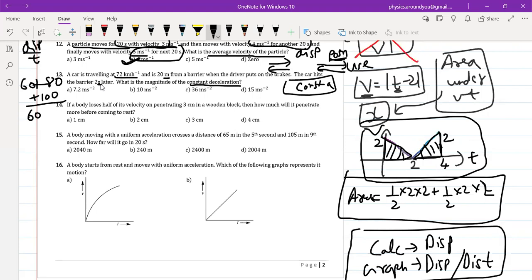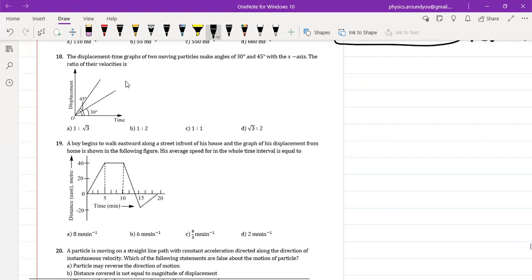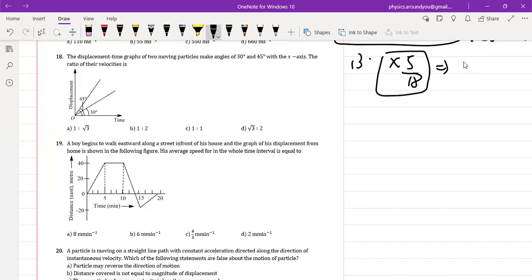Now, how to convert kilometer per hour to meter per second? Again, we have a look at the conversion factor. Converting kilometer per hour to meter per second would be simply multiplying by 5 by 18, whatever speed is given. So 72 into 5 by 18, u will be 20 meter per second, right?